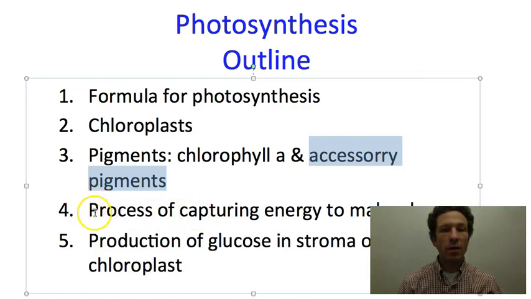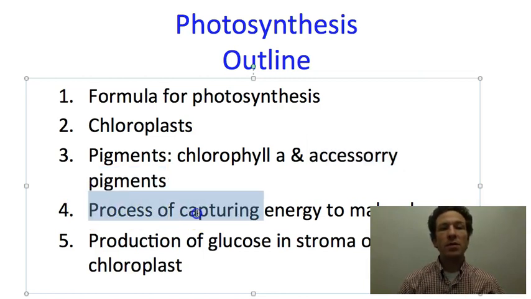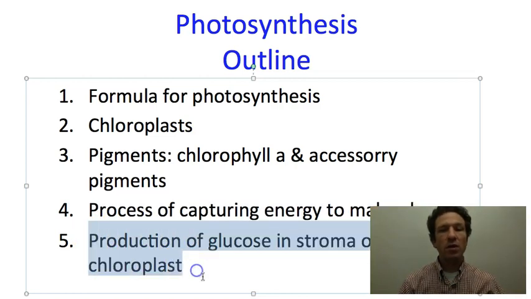Then we will talk about how plants use the energy captured from sunlight to store energy temporarily as ATP, and then they will use that ATP to make glucose. Finally, we'll talk about the production of glucose itself, which occurs in the stroma of the chloroplast.